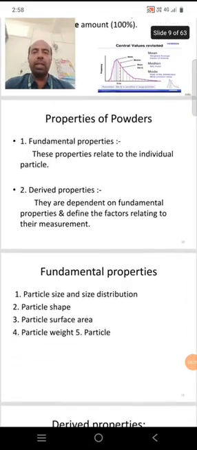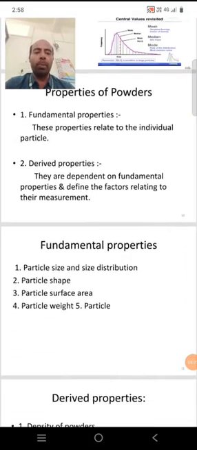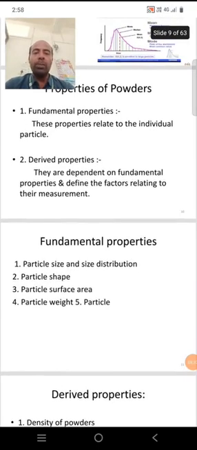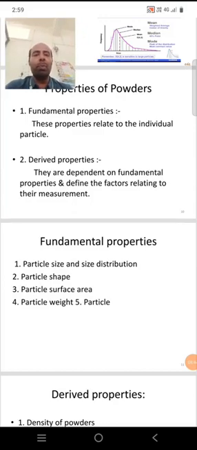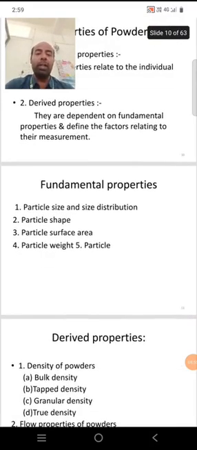Let us first explain the fundamental properties.